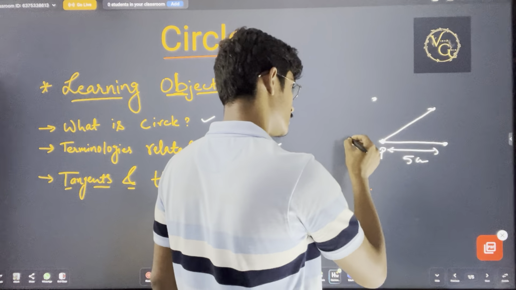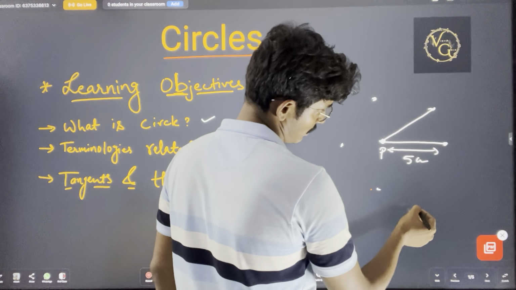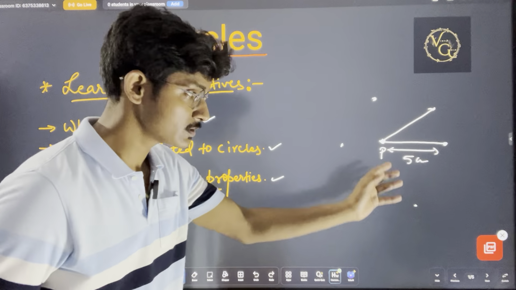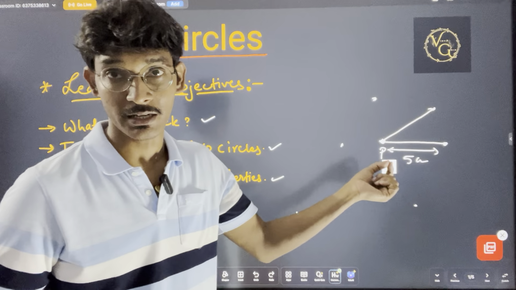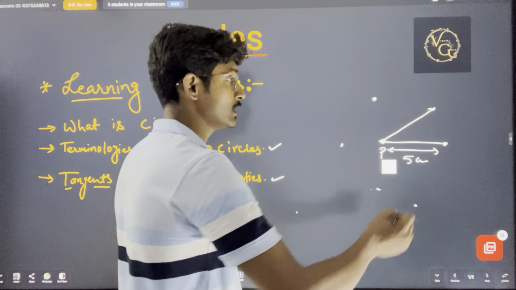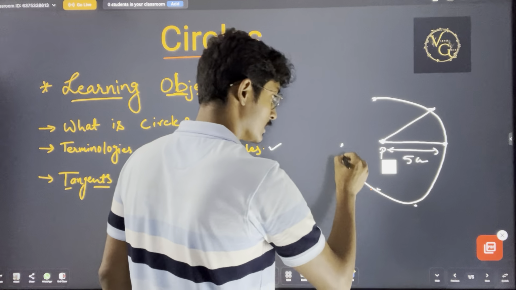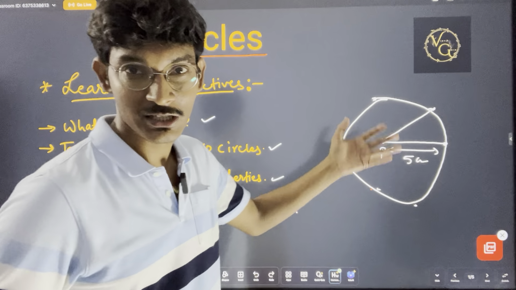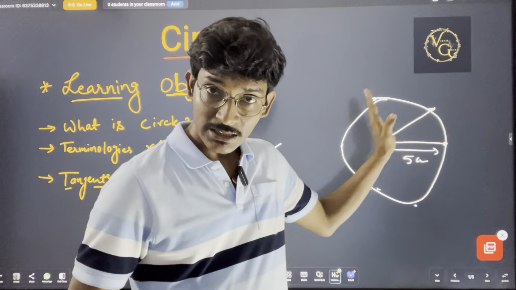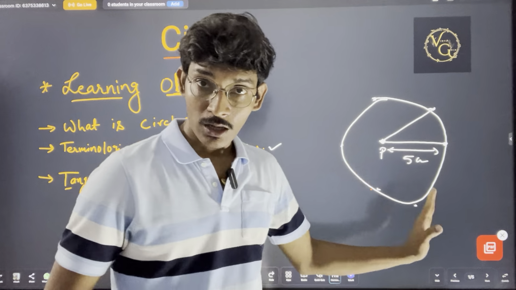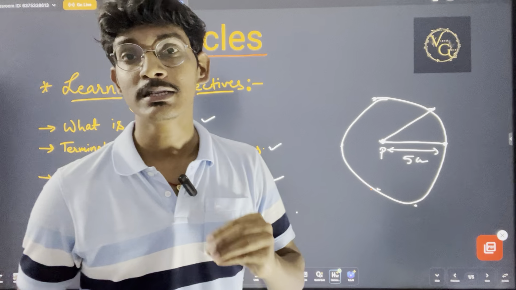Do the same thing around this fixed point, which is your pin or nail, whatever it is. Now if you connect all this, okay, I know the picture is not that perfect. If you connect all this in real life, you will be able to get a diagram, a shape that's known as circle.